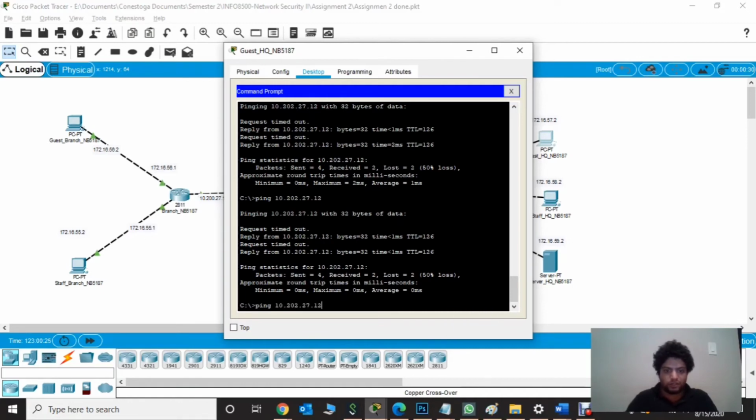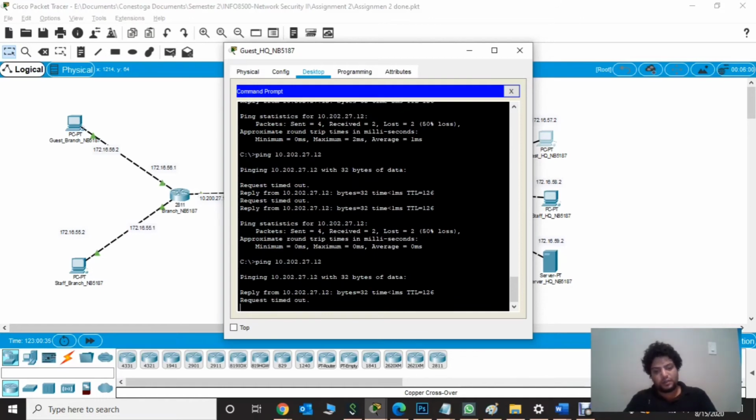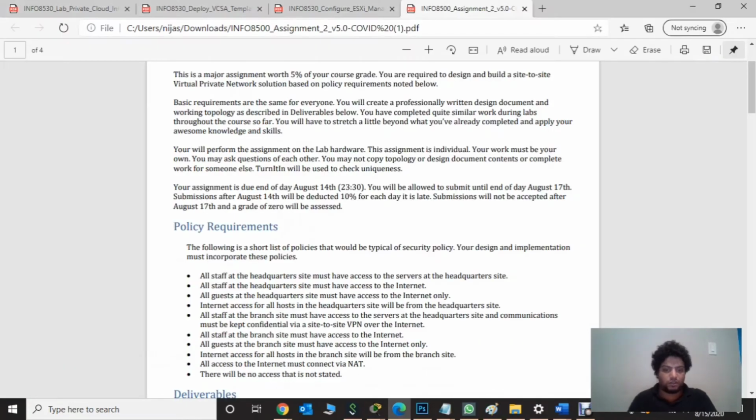The IP address of the internet server is 10.202.27.12. Let's see how it turns out. That is also pinging. Not waiting for this to be completed. Let's take a look at the next requirement.